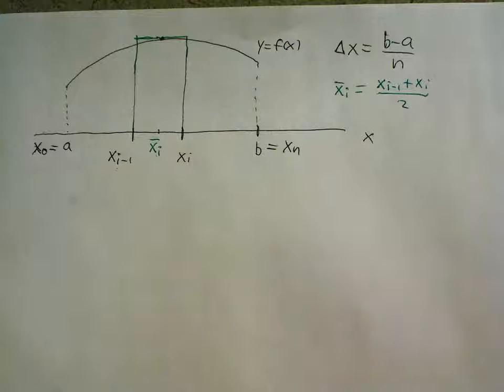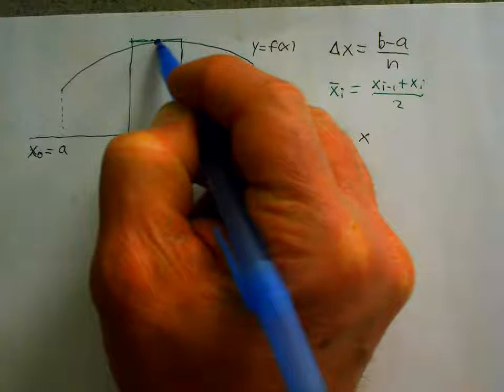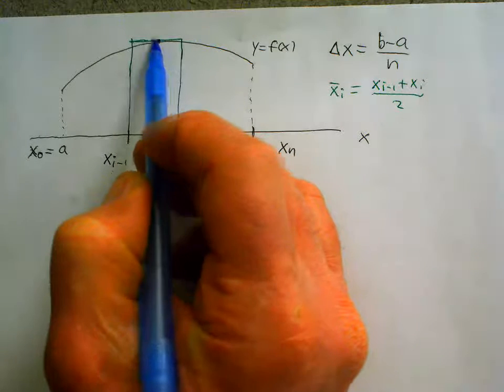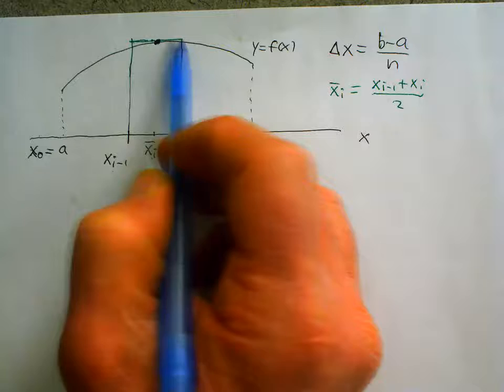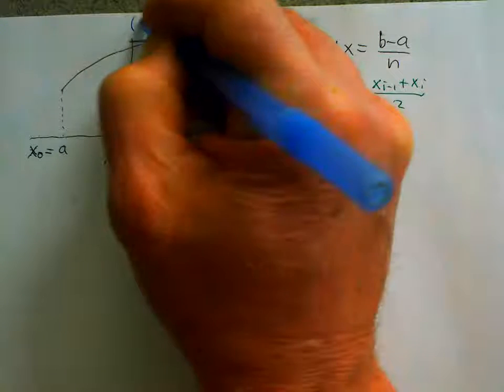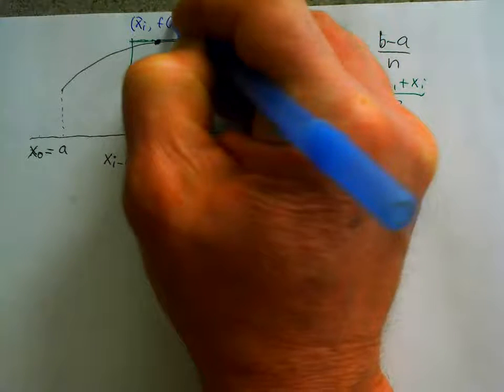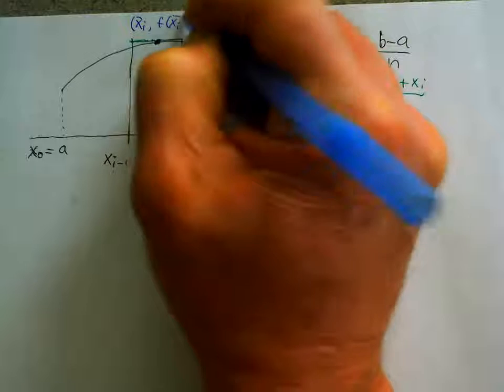Okay, so this ordered pair is on the graph, and it's also in the middle of the rectangle on the top of the rectangle. The coordinates are x sub I bar and f of x sub I bar.